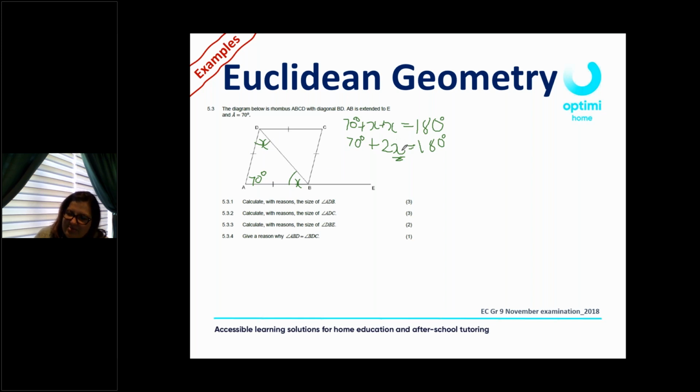Do you see how your algebra is creeping in everywhere? Okay, so you'll say 2x is equal to 180 degrees minus the 70, so you'll have 110 degrees. 2 times x is 110, so x will then be equal to 55 degrees. Okay, so this is just the thinking that I want you to follow. Let's just look at exactly how you can write that down.